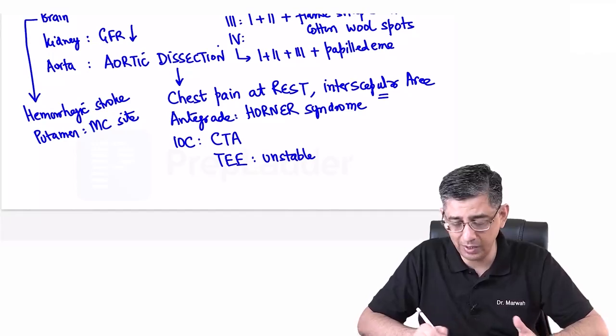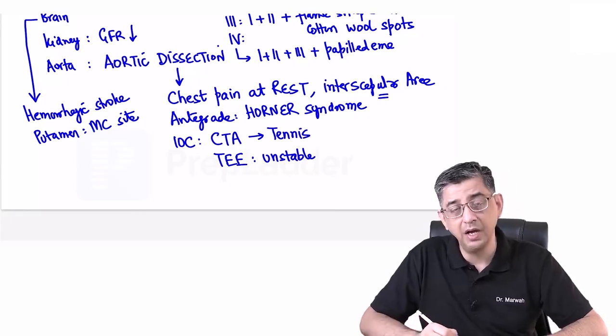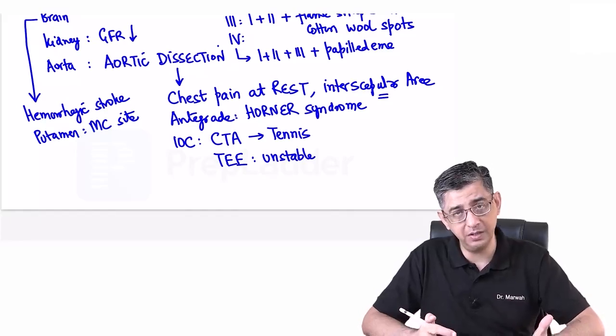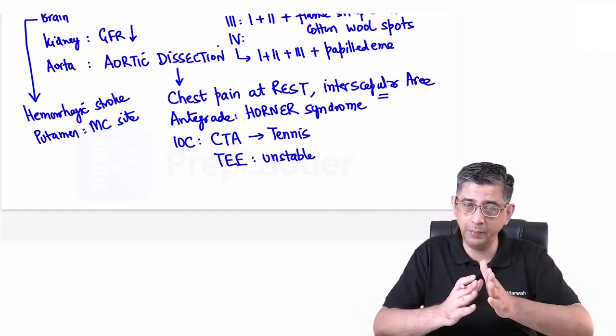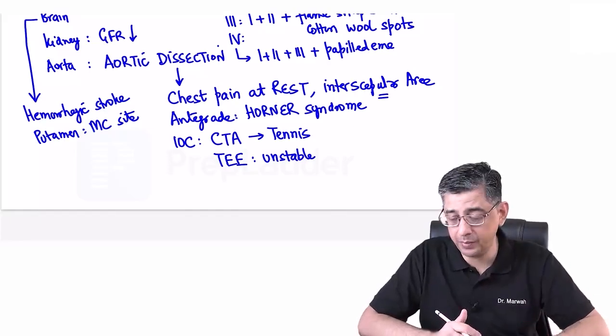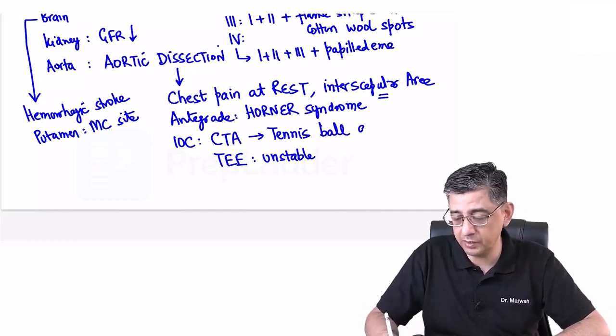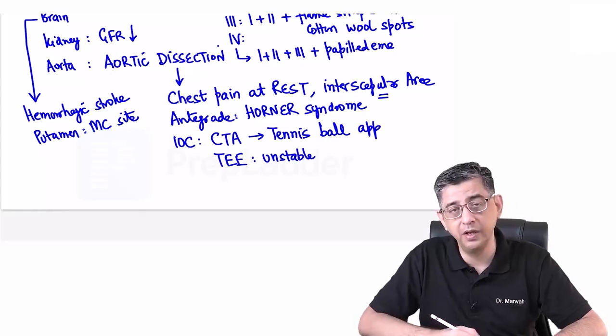So blood pressure values help us decide, and with CT angiography anyway, there's a very characteristic manifestation that appears, and that's because of the intimal flap that is created. I said the blood goes through the intima, tears into the media, and then circulates freely in the media per se. So the CT angiography findings in these patients would have this characteristic tennis ball appearance.